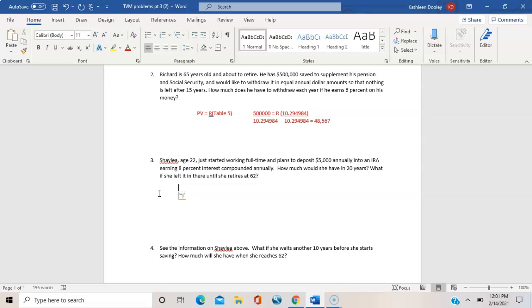And how much would she have in 20 years? So here we want the future value. And since she's going to put this $5,000 in at the beginning of each year, this would be the future value of an annuity due.